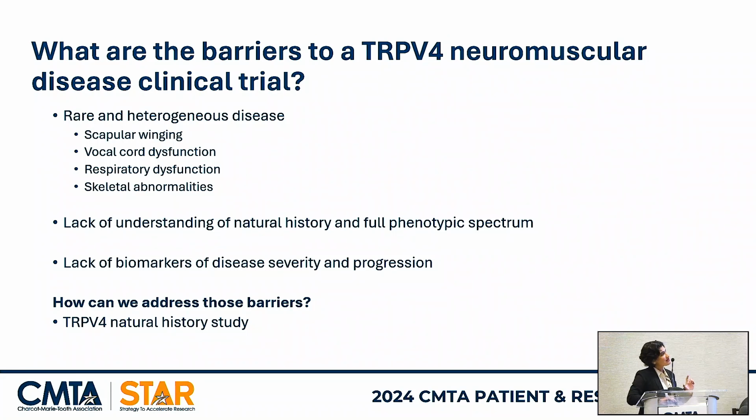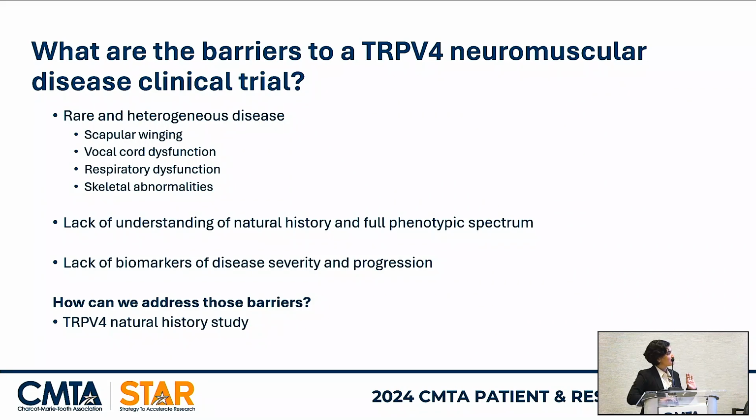However, with where things stand right now as far as our knowledge of TRPV4 neuromuscular disease, it would be really hard to confidently design a therapeutic clinical trial for this type of CMT. And some of the challenges in trying to confidently design a therapeutic clinical trial for this type of CMT are the fact that these patients have a very rare and heterogeneous disease.